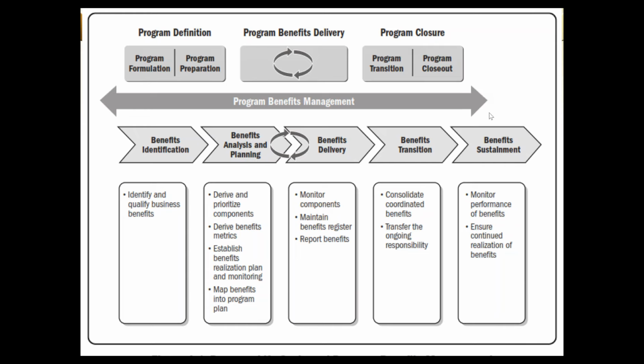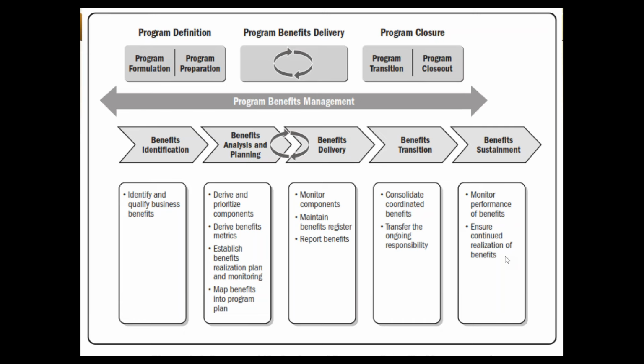We will go a little way with the benefit sustainment to ensure that the intended stakeholder has ultimately understood and taken over it in the right spirit, and when we see it smoothly running, we can extricate, and the benefit sustainment will continue. So we'll monitor the performance of benefits, we'll ensure continued realization of benefits until the time we are not sure of that, we'll not leave the program.